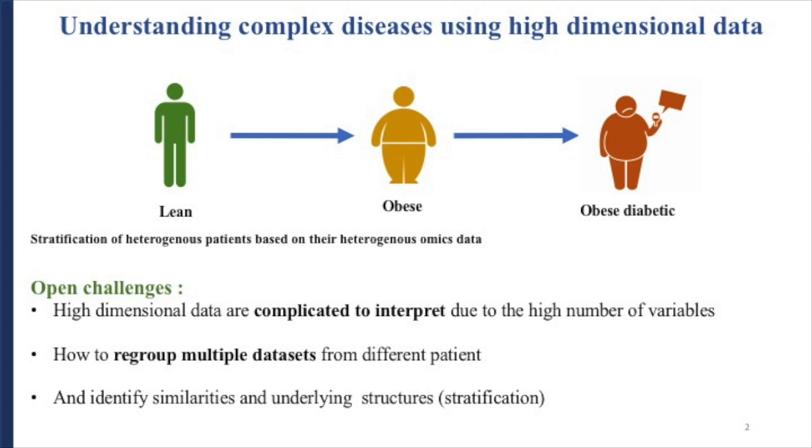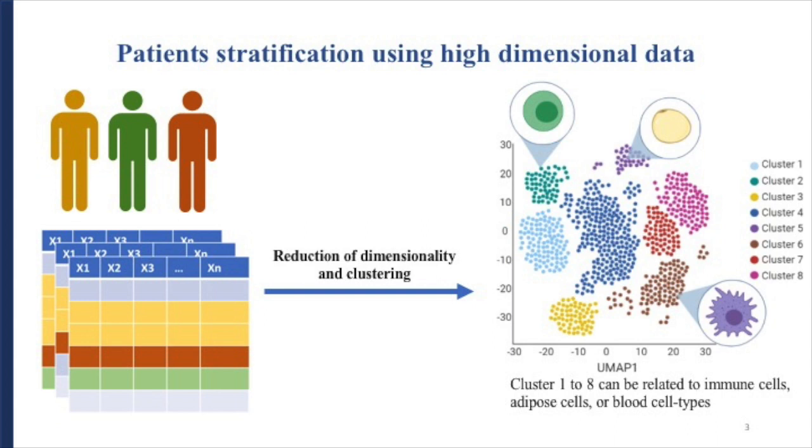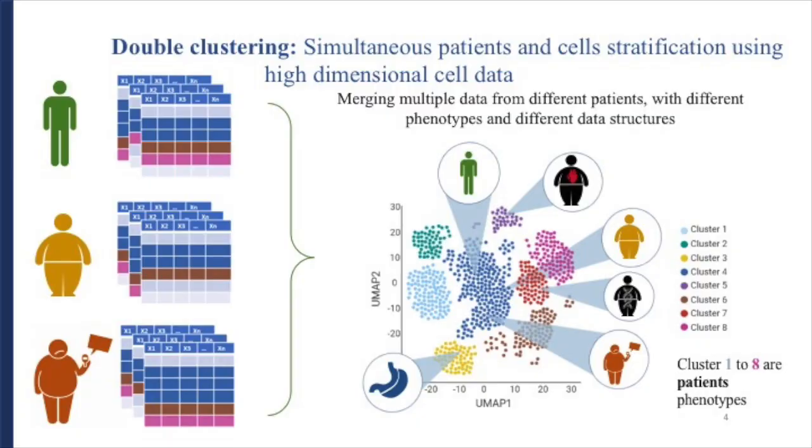Traditionally, people have different patients, regroup the matrices of data, apply some dimensionality reduction and clustering technique, and identify some groups of cells. Here, we want to develop a new method to cluster cells and patients simultaneously.